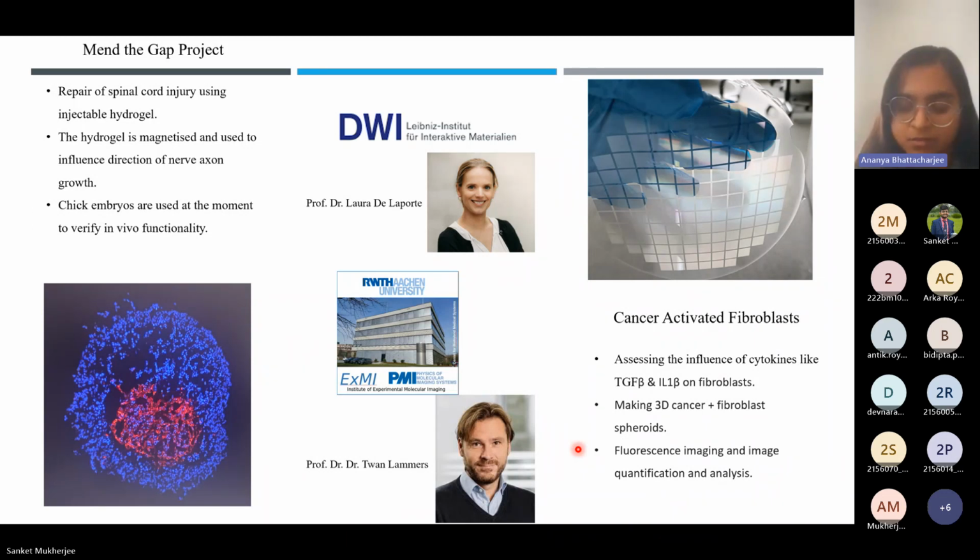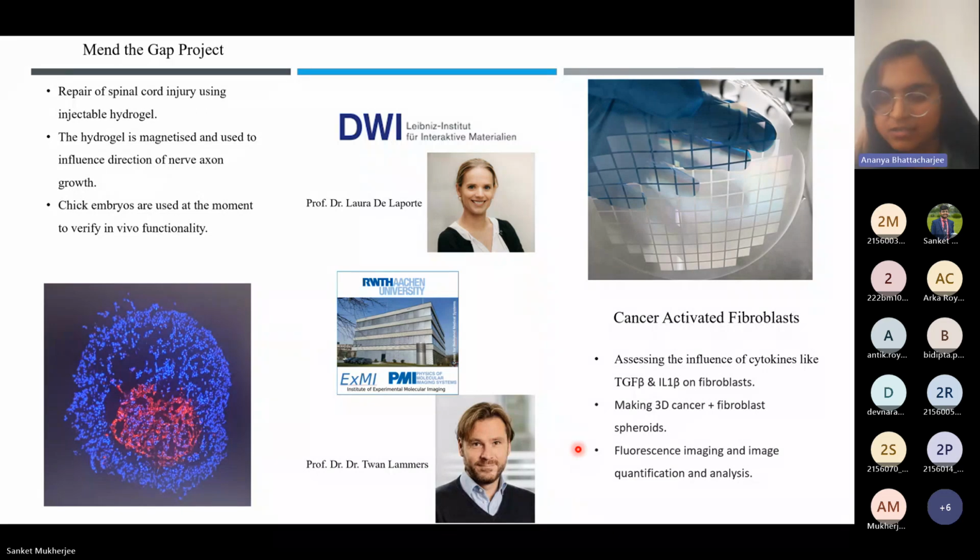Once you have a cut injury in your spinal cord, it often happens that the injury doesn't get back together, because the nerves are severed and then you have paralysis somewhere in your body.